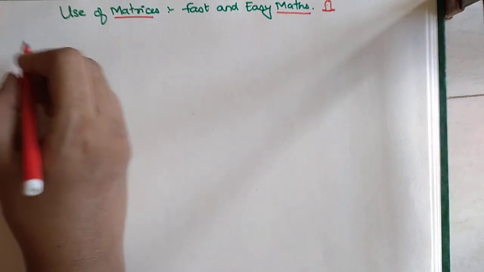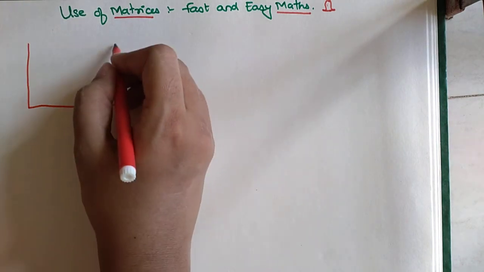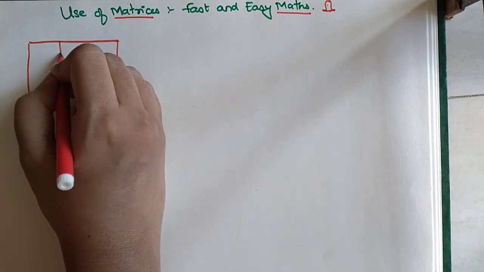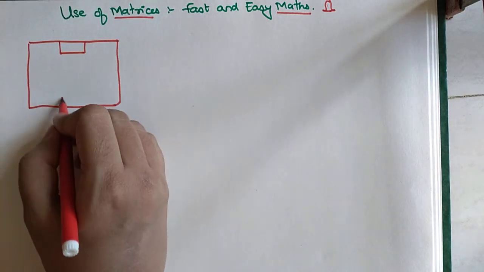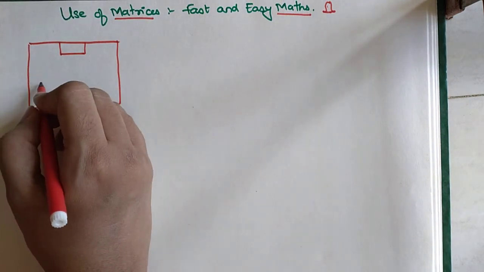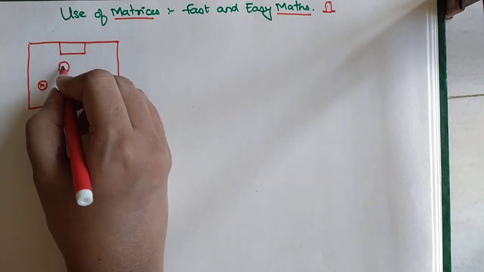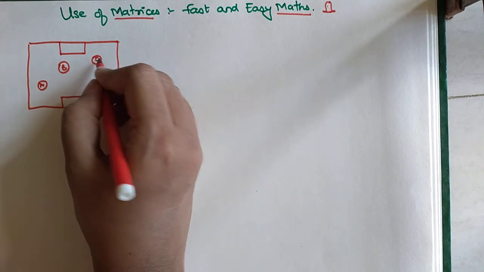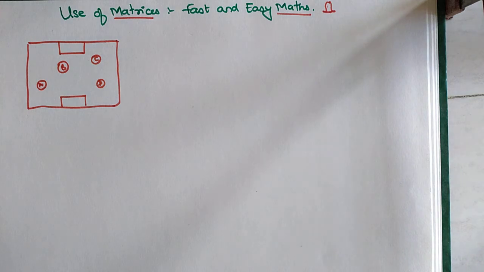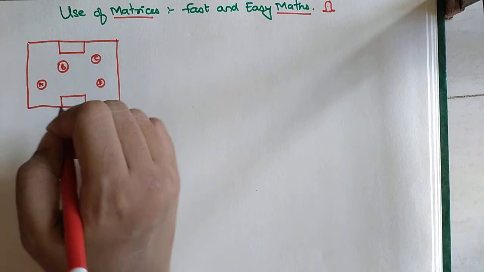Now, I'm assuming that all of you must have seen a football match at least once in your life. Please don't mind my drawing. So this is a football pitch and we have, let's say, four players. This is A, this is B, this is C, and this is D. These four people are playing the match on this ground.